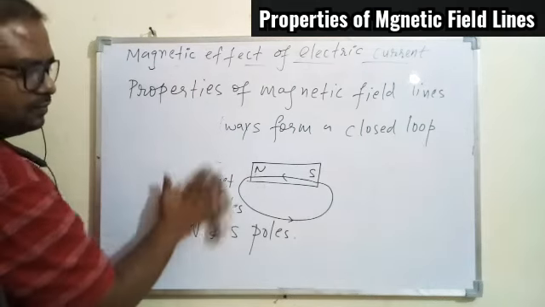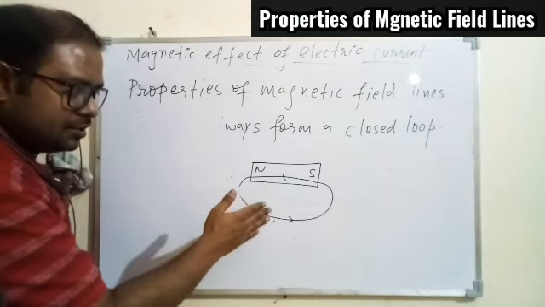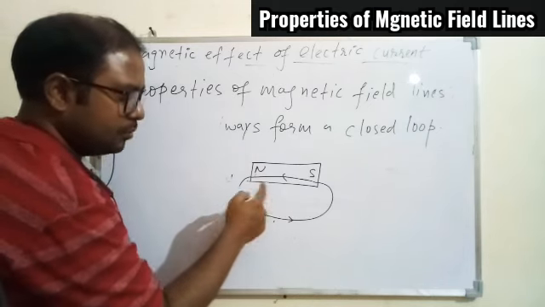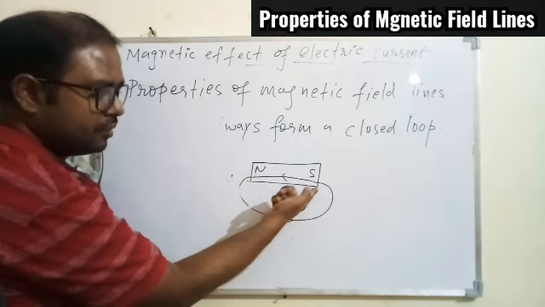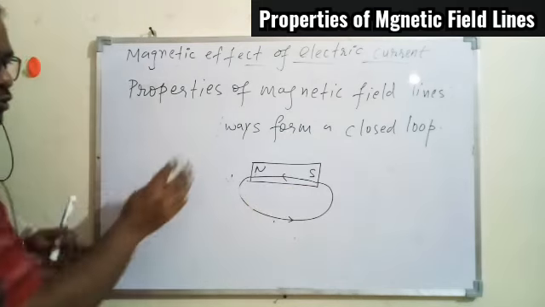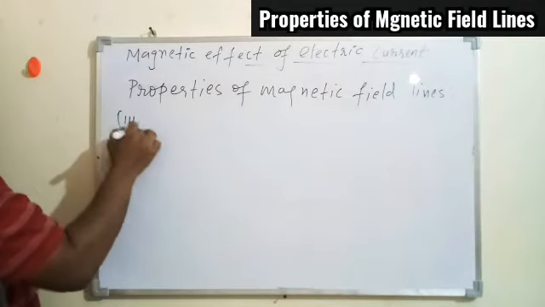Next, from this diagram you can also see that outside the magnet, the magnetic field line is from north to south. Within the magnet, the magnetic field line is from south to north. So that can be the third property.